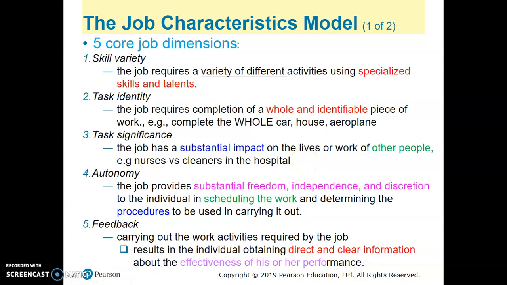In other words, you know that your job is going to contribute something to society, for example, nurses versus cleaners in the hospital. Nurses have their own contribution. Cleaners also have their own contribution. Both are contributing to the well-being of the people. So this kind of job has task significance.